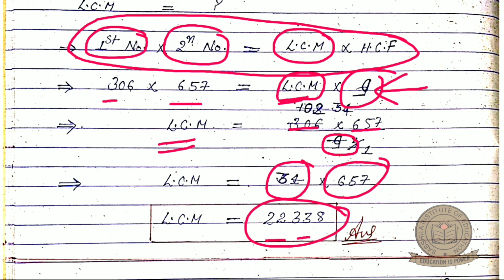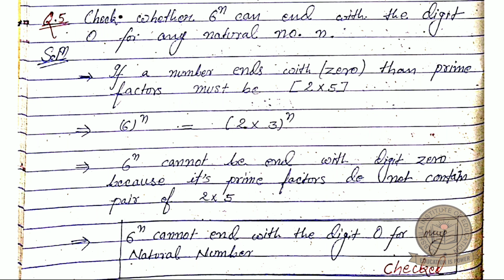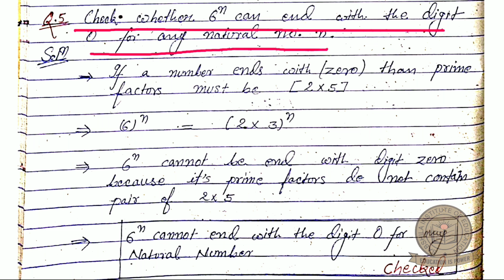Getting everyone? Let's see the 5th question. Check whether 6 to the power n can end with the digit 0 for any natural number n. If a number ends with 0, then the prime factors must be what? 2 into 5.